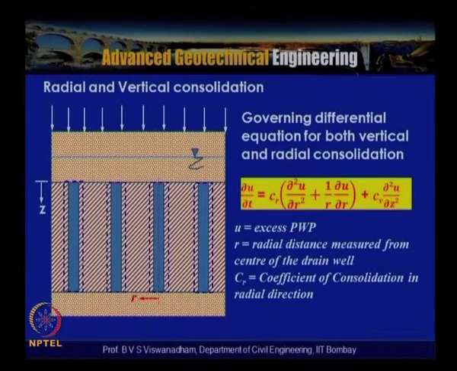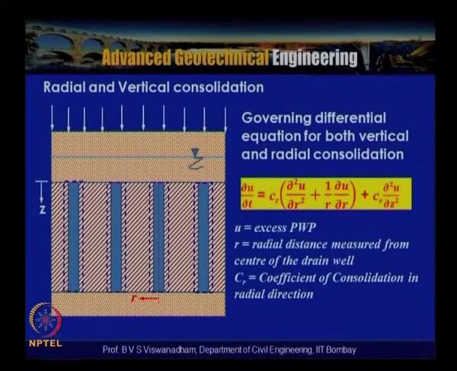Now, let us consider a soft clay which is strengthened with vertical drains. What you see as the blue columns are nothing but sand-filled drains, or drains which have a certain discharge capacity.